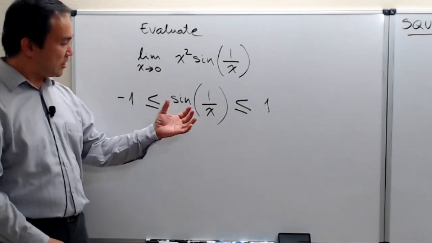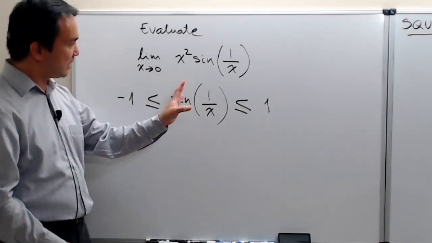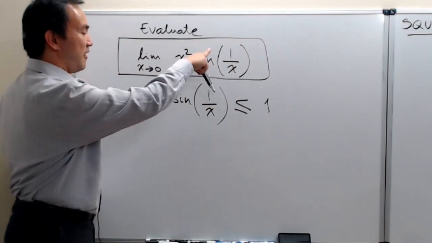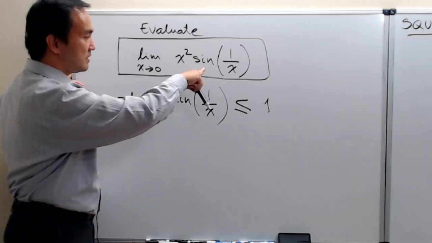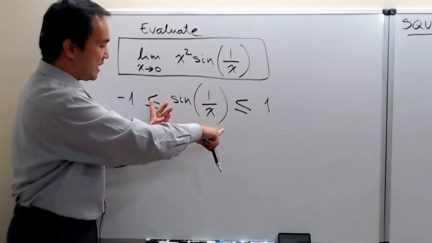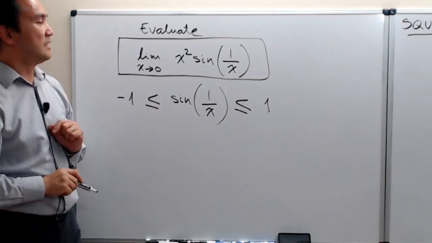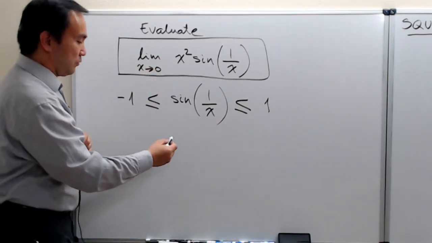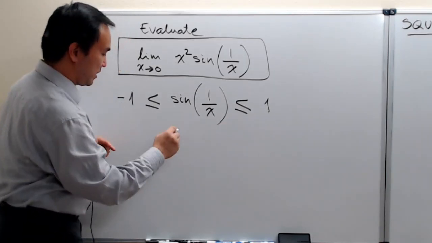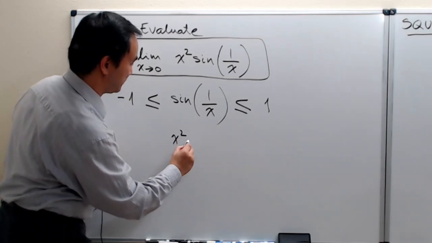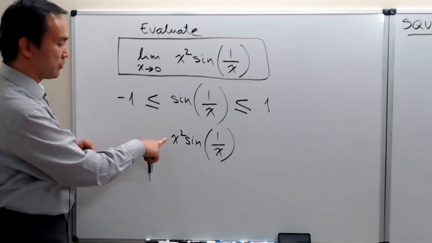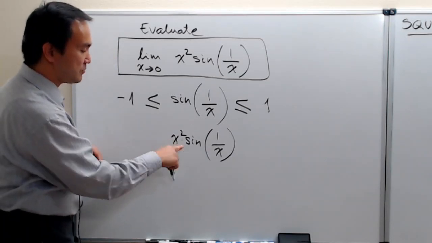Now, once we have a known bound for this function, if we look back into our ultimate goal here, the function that we were attempting to find the limit of had that sine of 1 over x right here. And this sine of 1 over x is already known to have a bound. So we also learned that we can multiply, this is a three-sided inequality, but we can multiply x squared to the middle function to produce x squared times sine of 1 over x.